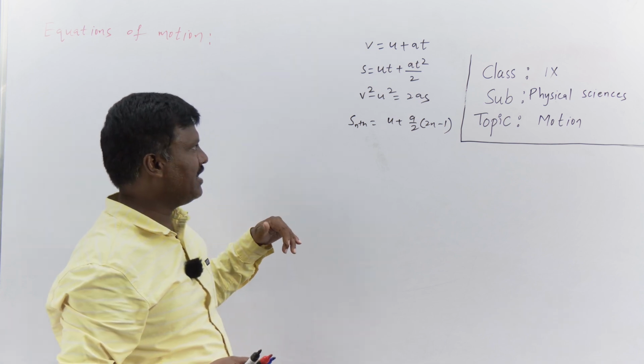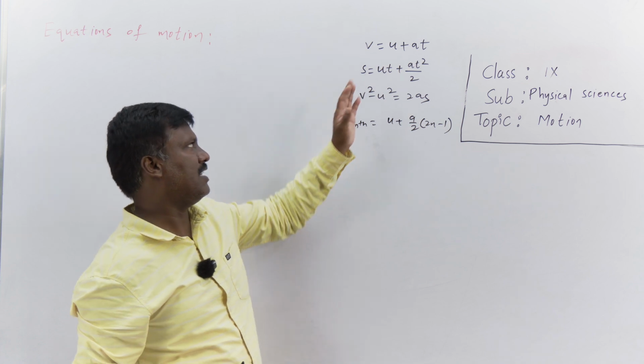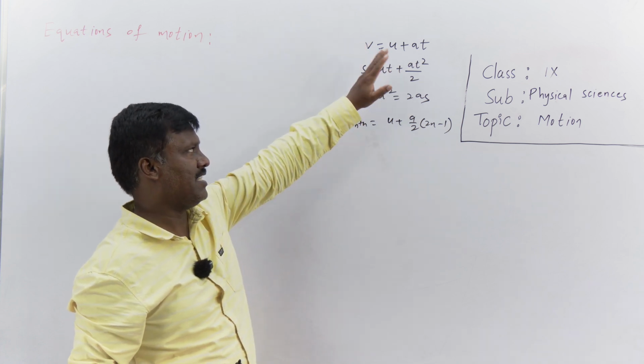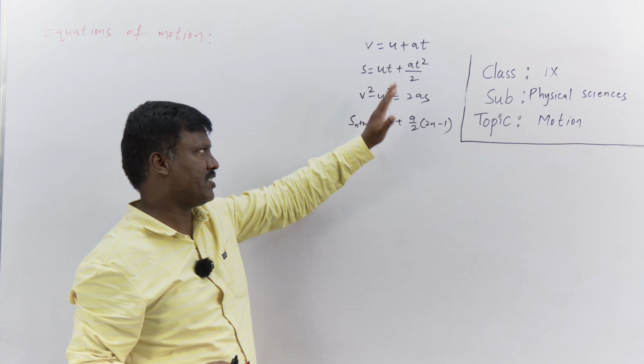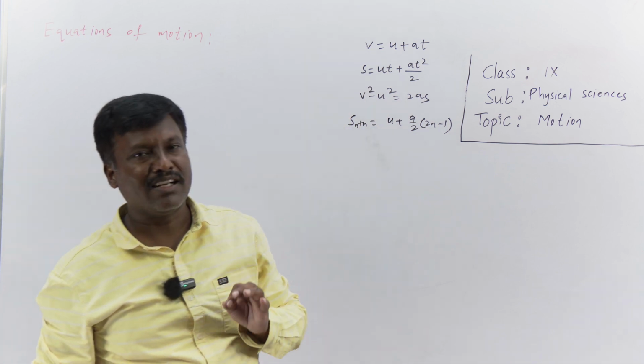After deriving, we are going to solve some numericals to find the initial velocity, final velocity, acceleration, time, and distance traveled. We use these equations of motion, but here we have one condition.